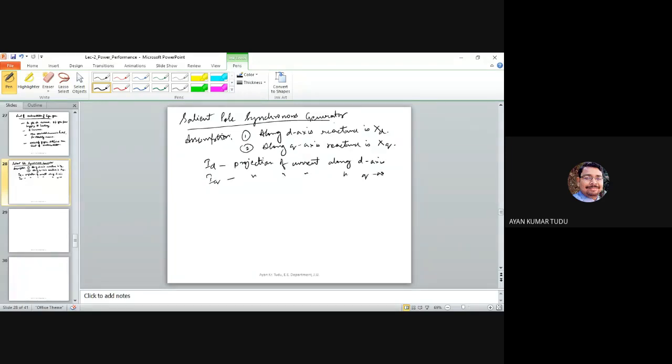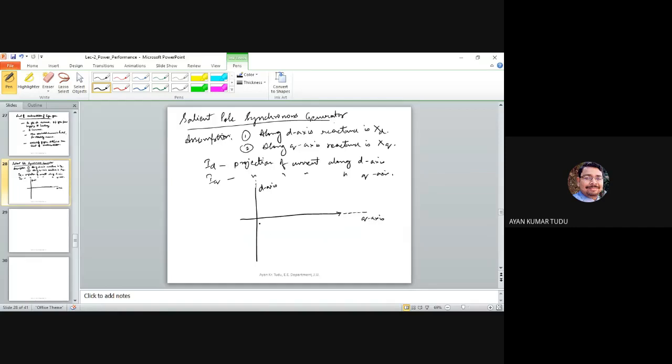So let us now see the phasor diagram of this particular salient pole synchronous generator. Obviously, since I'm using the tablet, the drawing may not be exact, but I hope you can understand. This is the q-axis.